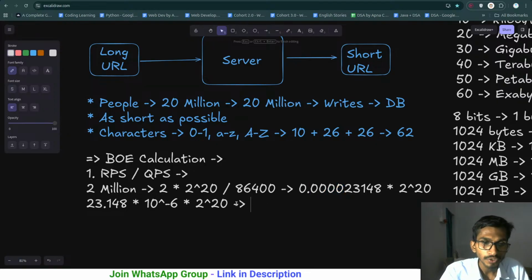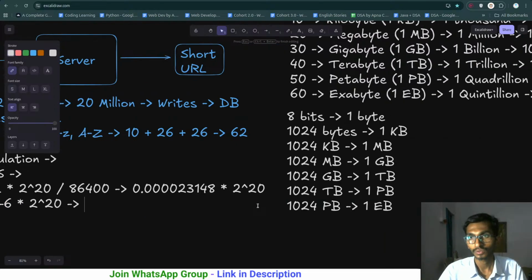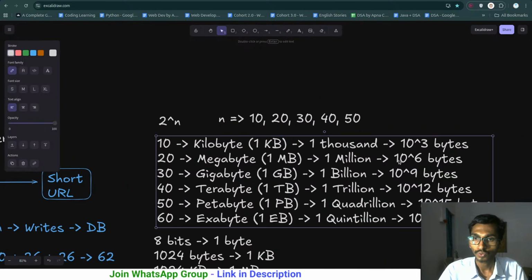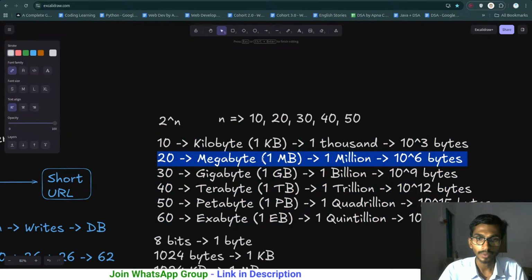And once we've done this, we have to convert it into the base 2 format, right? That is the most important thing. And 10 to the power 6 means what? 10 to the power 6 means 1 million. And 1 million means 2 to the power 20. If you look over here, we have 10 to the power 6, which means 2 to the power 20.